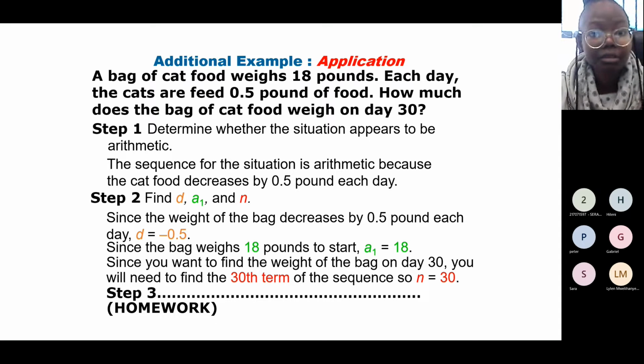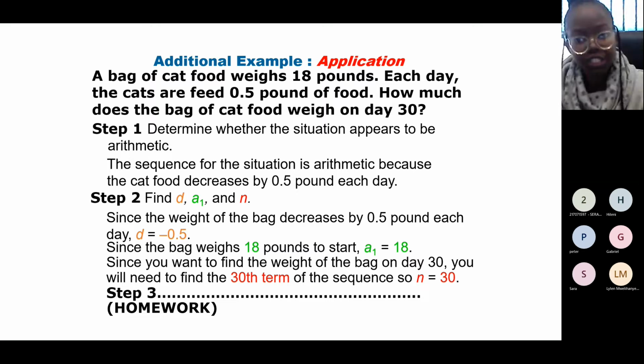So the first step we are going to do is determine whether the situation appears to be arithmetic. The sequence for the situation is arithmetic because the food decreases by 0.5 pounds each day. That was determined based on this statement. It says each day, meaning that it's constant, something that keeps happening each and every day.